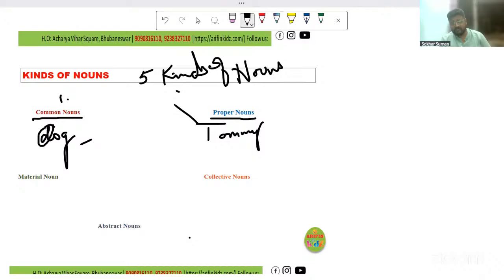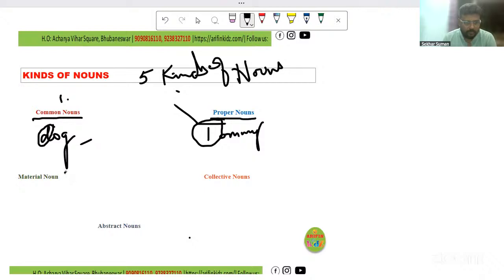Whereas a proper noun, no matter which part of the sentence I am using it in, the beginning, the end, or the middle, I am going to use a capital letter. It will remain capital. Fine.